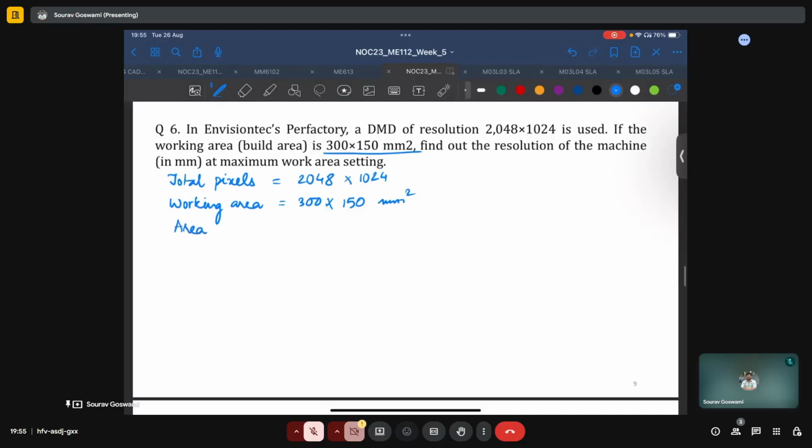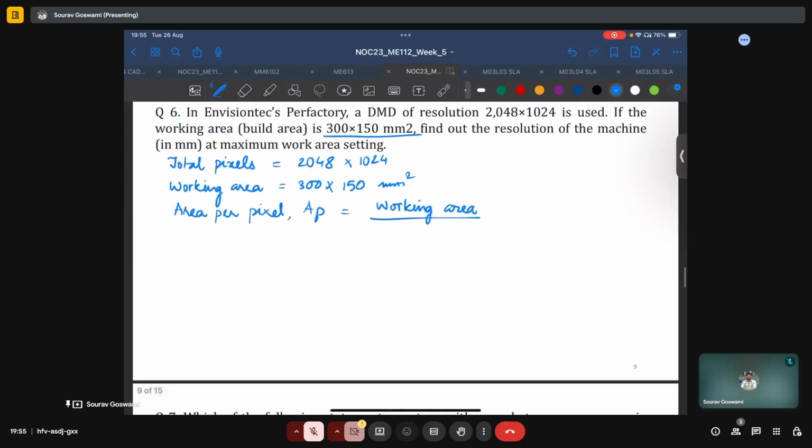Given this, the area per pixel, denoted as AP in the slides, is the working area by the number of pixels, which is equal to 300 into 150 mm square by 2048 into 1024, which is equal to 0.0214 mm square.